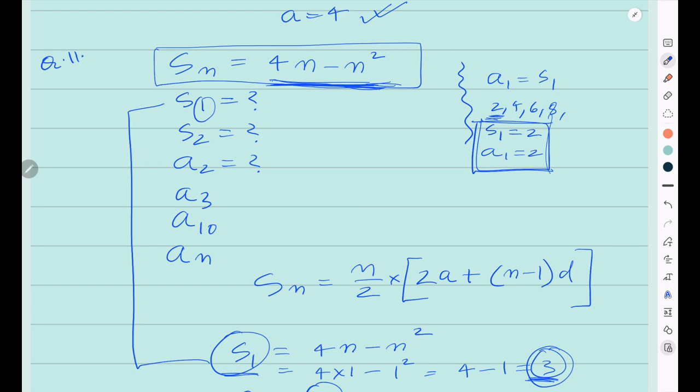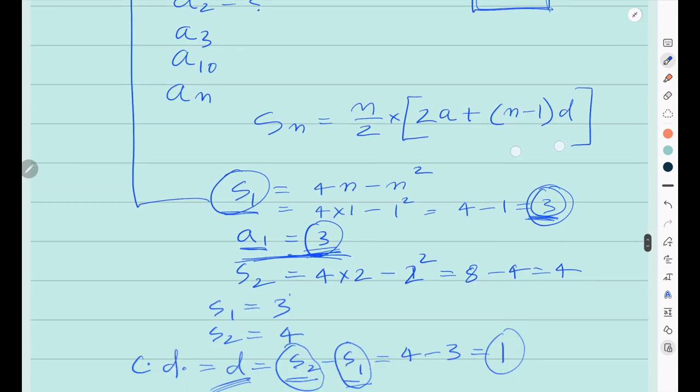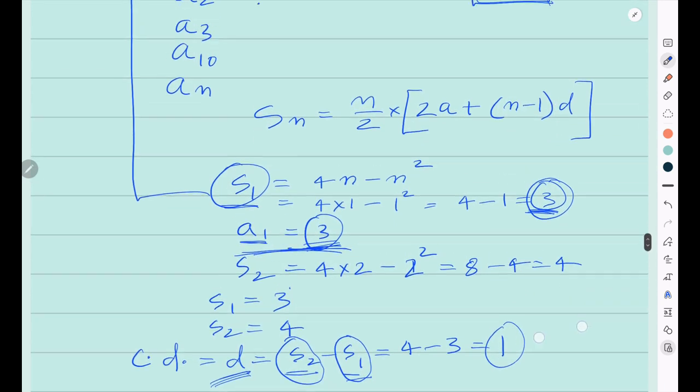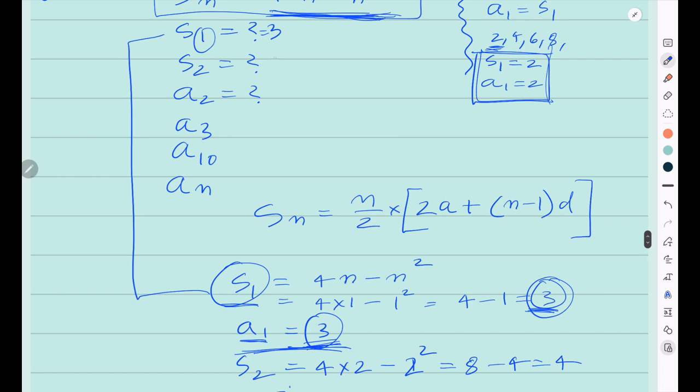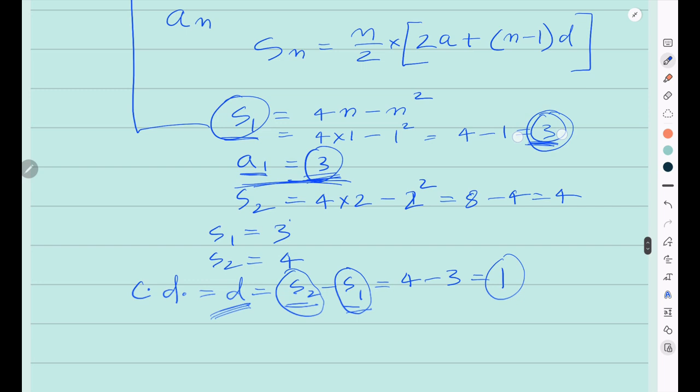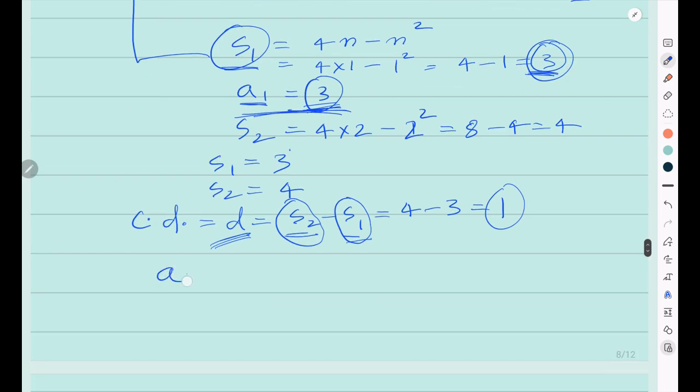S1 we have already found out is 3, isn't it? S2 just now we found out is 4. Okay, A2, A3, A10, AN, we can find anything. Let us try to find A10. A10 will be A1 plus n minus 1 d, isn't it?